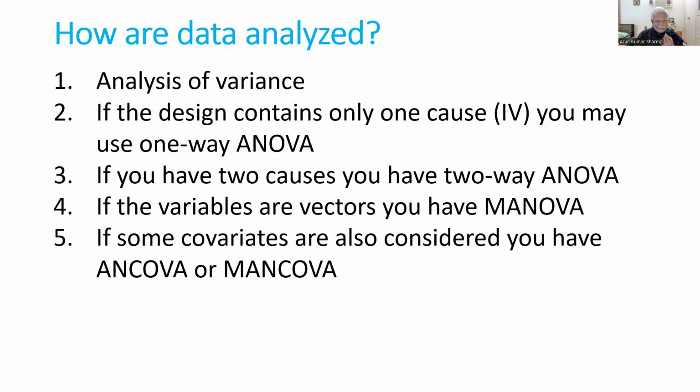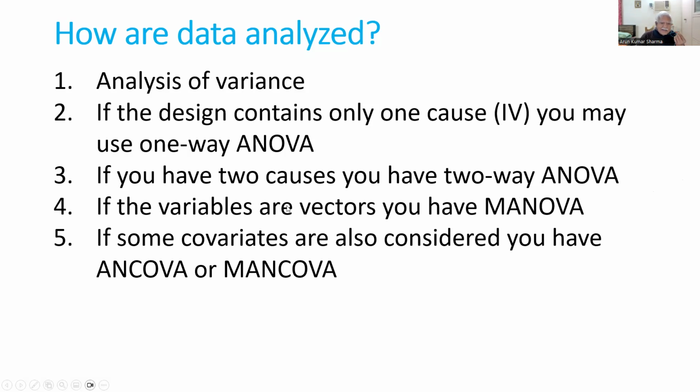But the idea is this. If the design contains only one cause, you have one-way ANOVA. When you have two causes, you have two-way analysis of variance.